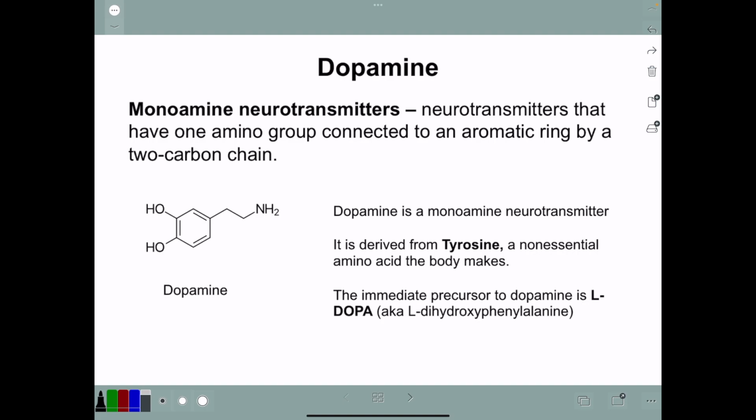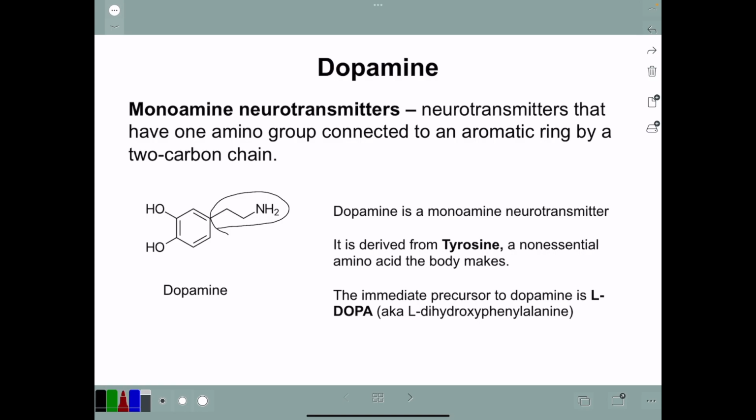Dopamine. So this is a structure that's fairly simple. It has a simple amine group, which is derived from tyrosine, a non-essential amino acid. Right, so this is the amine group.